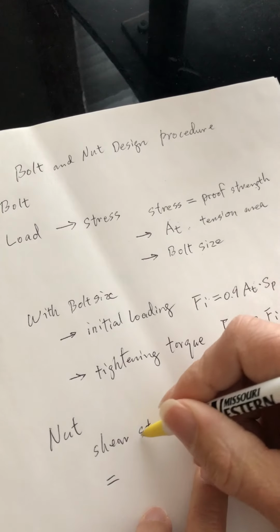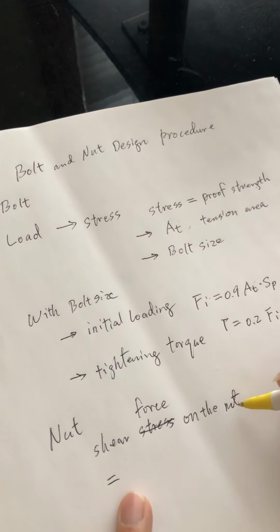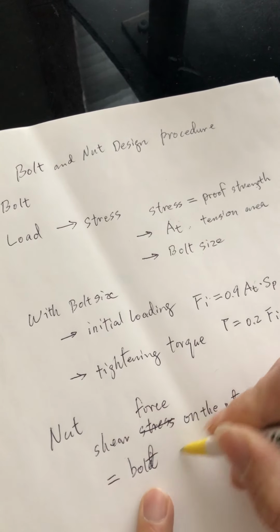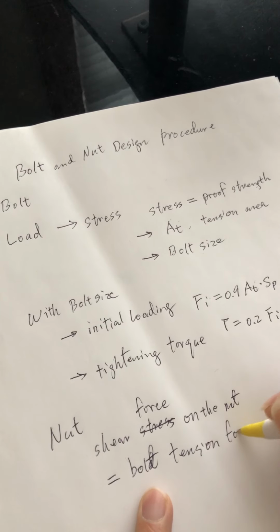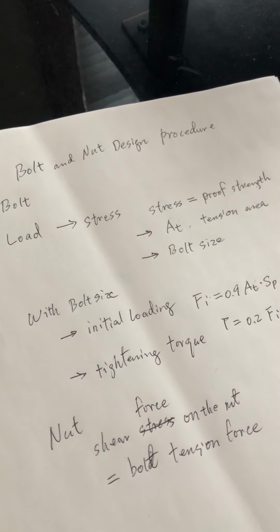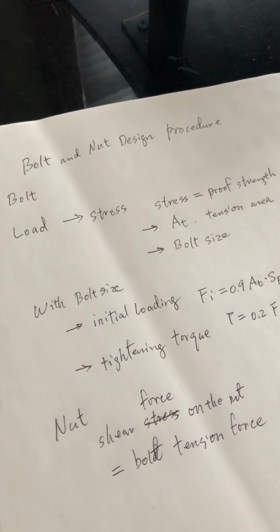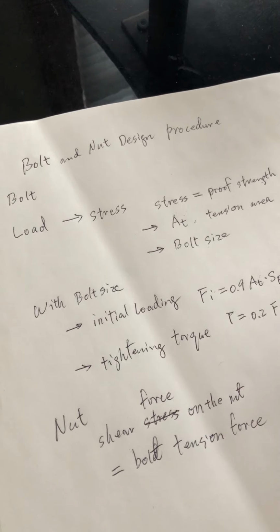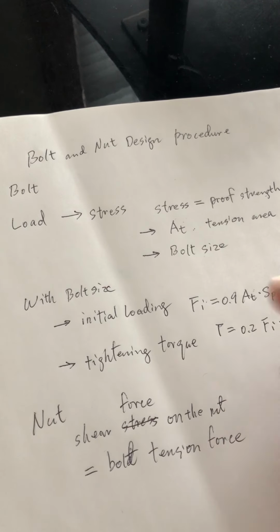Not stress here, shear force on the nut should equal the bolt tension force. Then we'll come up with a formula, and we can find out the thickness of the nut so that the threads on the nut won't get stripped.